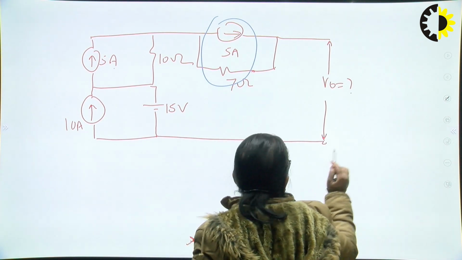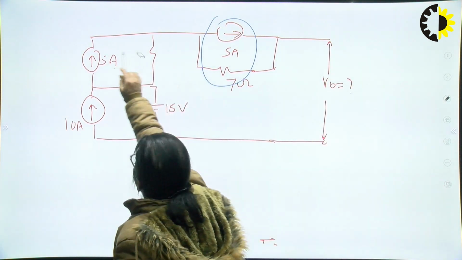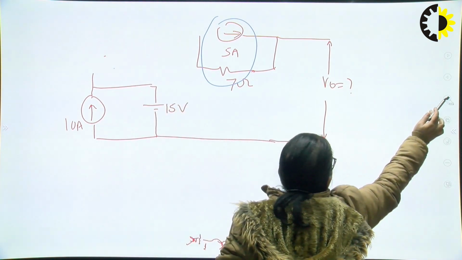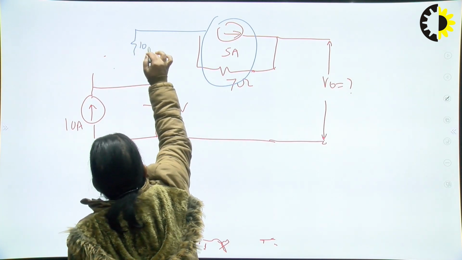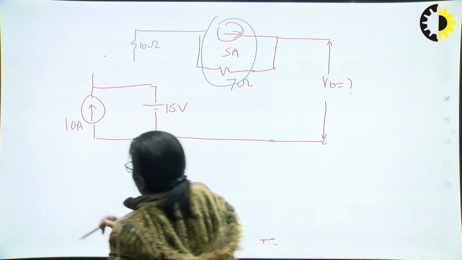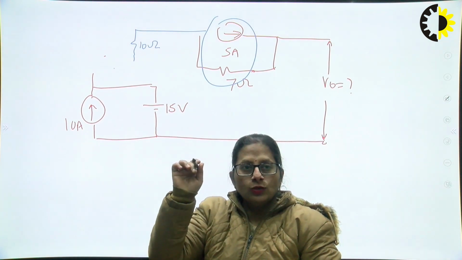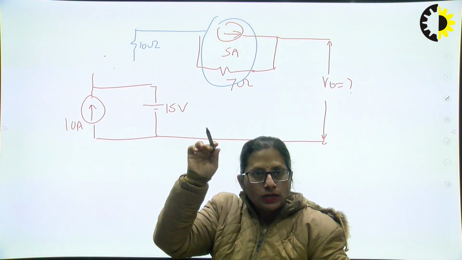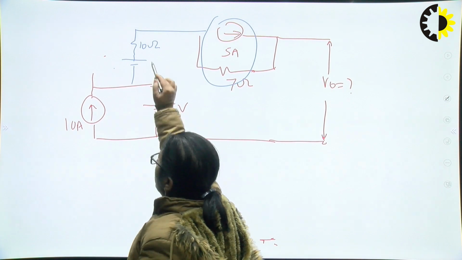So the same circuit becomes like this. We now have 10 ohms and 50 volts. But what will be the polarity? The current source was heading upward, the arrow was upward. So the battery has to be like this. The value is 50 volts.